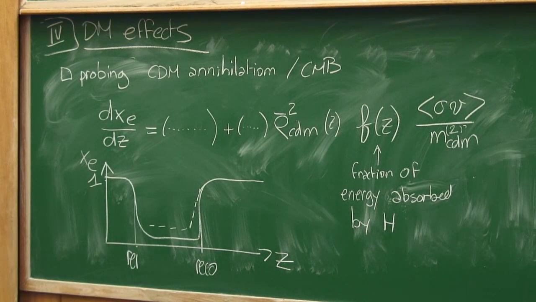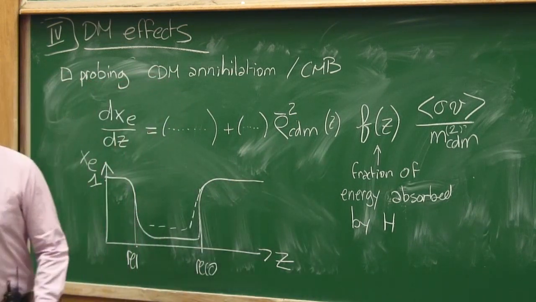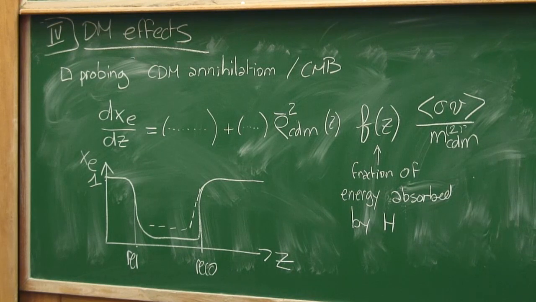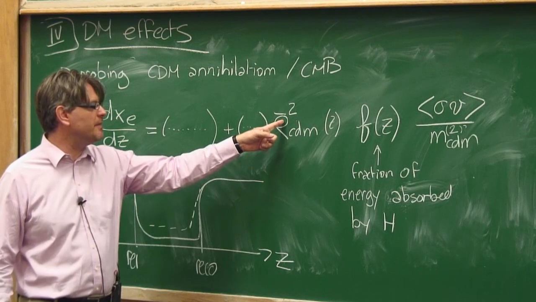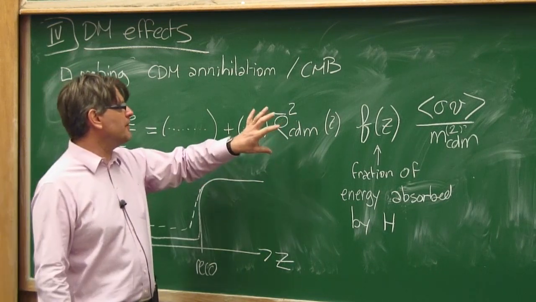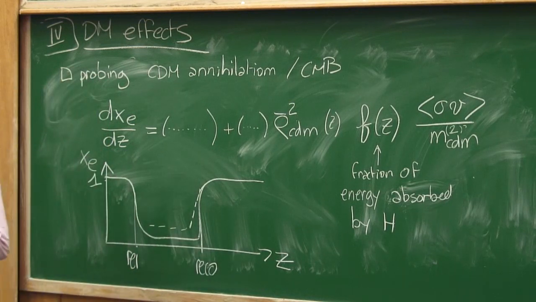And moreover, if you take into account the effect of nonlinear structure formation, you see that when the dark matter halos form, there is a large concentration of dark matter in the halos. So the term rho square coming from the homogeneous cosmological background is overtaken by the local high values of rho square in halos.